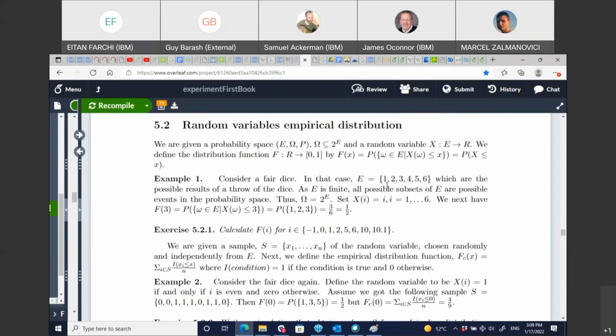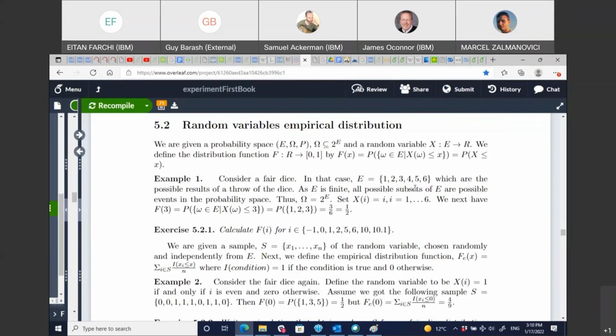So because I don't know anything, right? This is one of the axioms of probability. I don't know anything about it. I don't have any preference about any of the sides of this first dice. Then I have 6 possible outcomes. Each one of them has equal chance of happening.